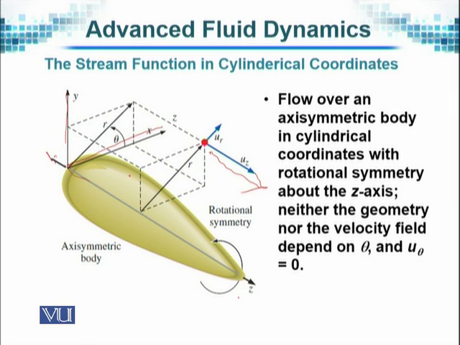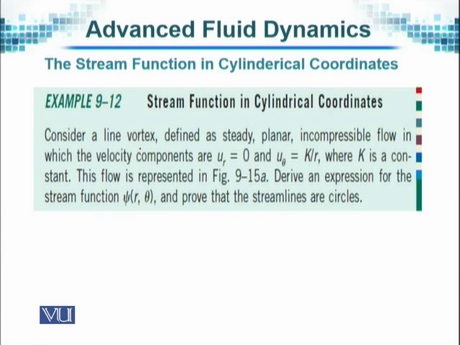And of course the motion that is taking place in the angular direction will be u theta. So these are the things depending upon how the geometry is, how the flow field is.